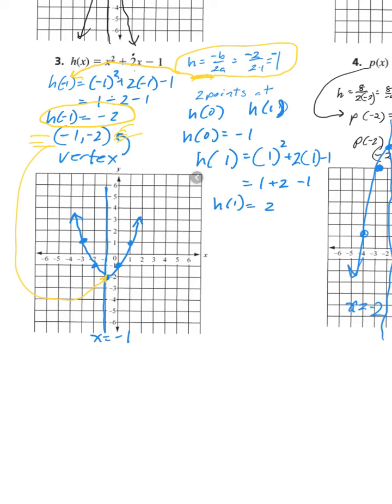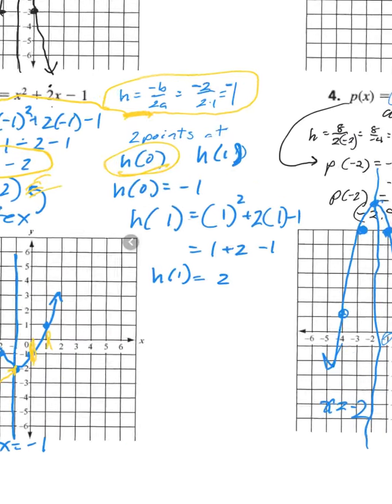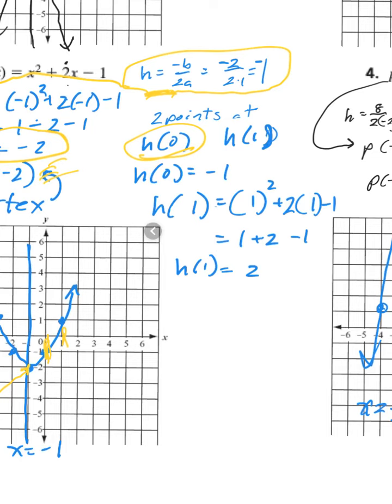Now that we have our vertex, we can graph it. And we're going to try to find two x values to the right or to the left of the axis of symmetry. So let's go to x equals 0 and x equals 1. Moving back up here, I'm going to calculate h of 0 and h of 1. H of 0 is pretty simple. I plug in 0 and I just get a negative 1. Everything drops out.